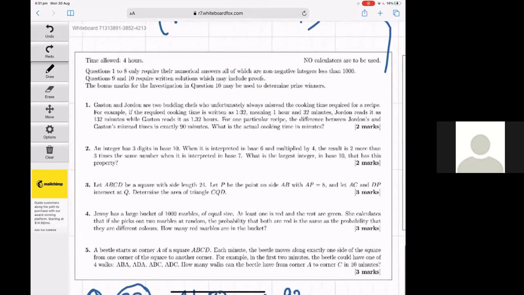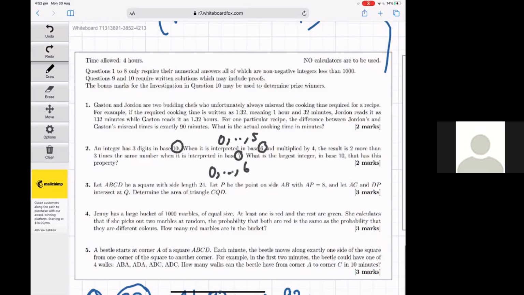Okay, so they're digits, but what digits are they? We need to be careful and notice that base 10 allows all the digits from 0 to 9, but by saying that it is interpreted in base 6, that means it can be interpreted in base 6. And for a number to be interpreted in base 6, it's got to use the digits from 0 till 5. Similarly, to interpret in base 7, you've got to use the digits from 0 till 6.